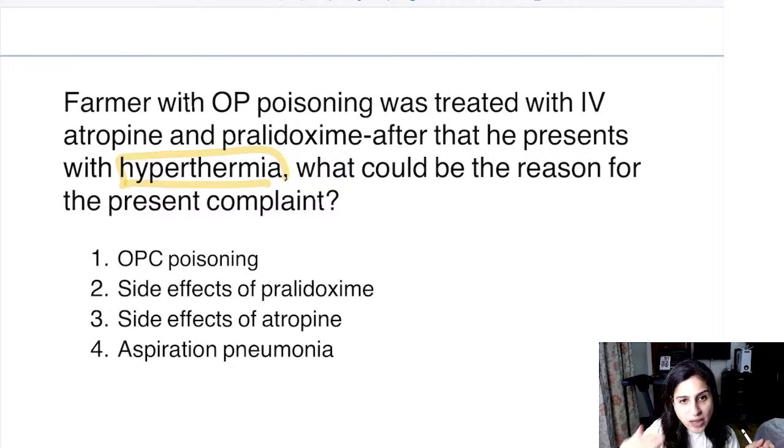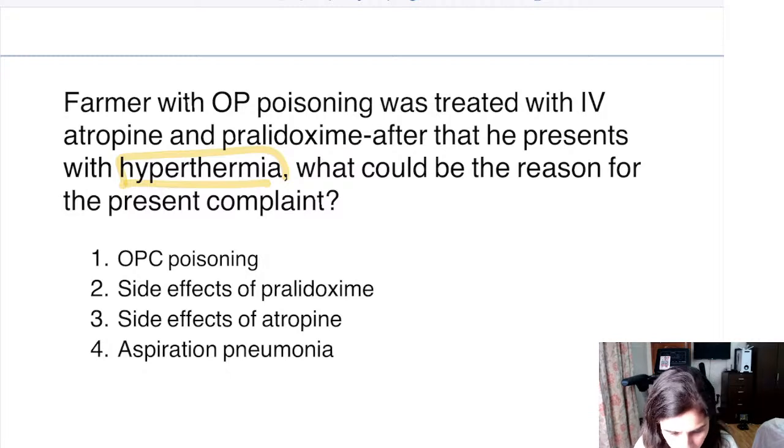Okay? And tremors are because of the action on the skeletal muscles. Beta 2 receptors are present on the skeletal muscles, and when they get activated, there is rapid muscle firing, and the contractions are not proper. That leads to tremors. So tremors is a very important side effect which you must know for beta 2 agonists. Tachycardia occurs at high doses, but tremors can occur even at normal doses. That is the reason.